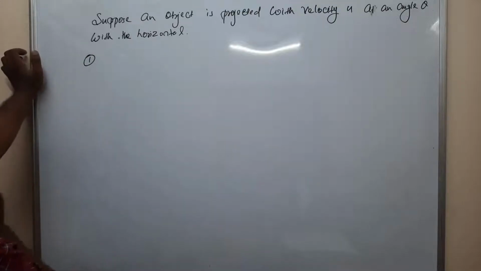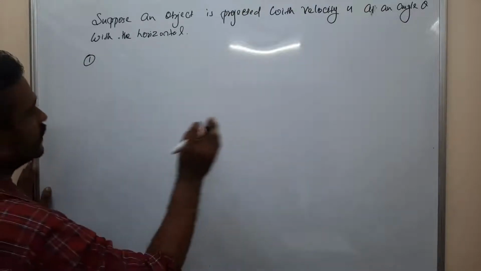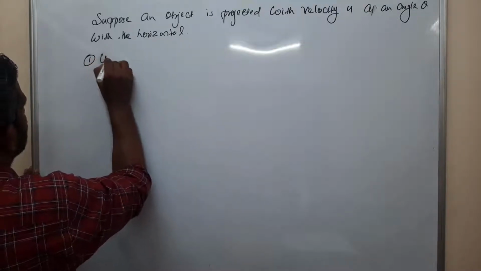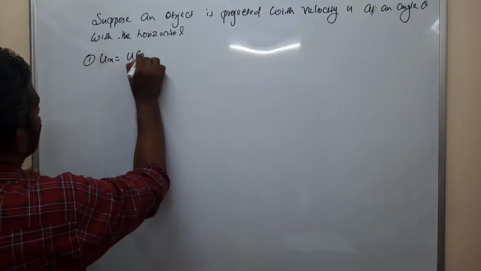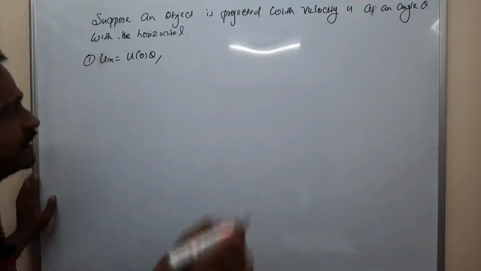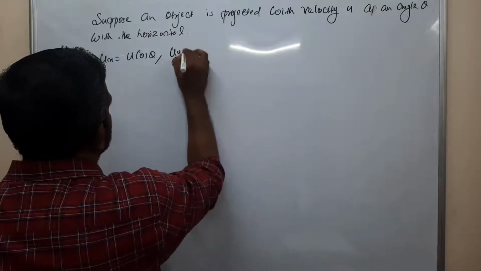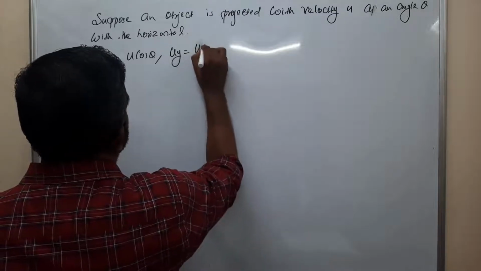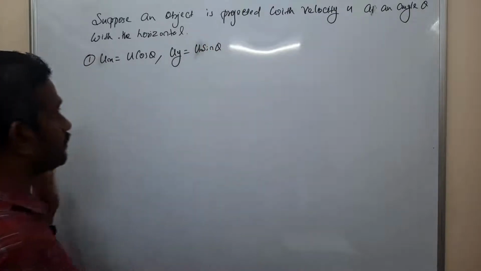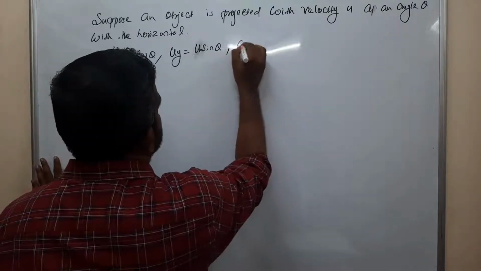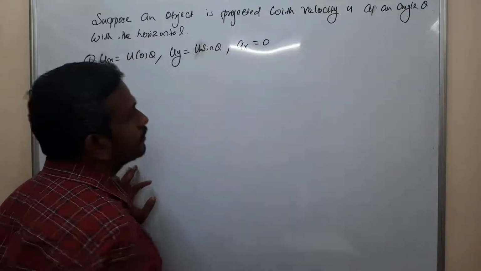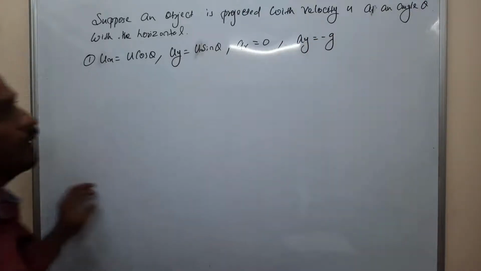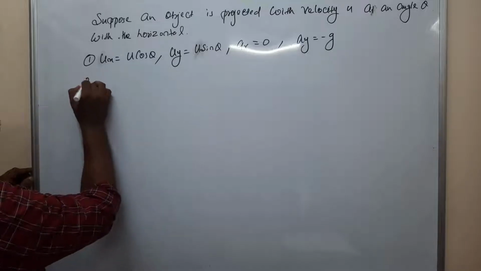The velocity in the horizontal direction is u cos theta. Velocity in the vertical direction, uy, is equal to u sin theta. So the acceleration in the x direction, ax, equals 0. Acceleration in the y direction, ay, is equal to minus g.